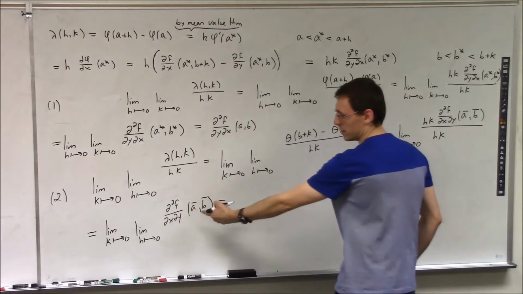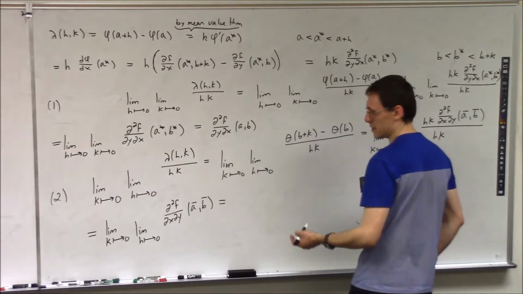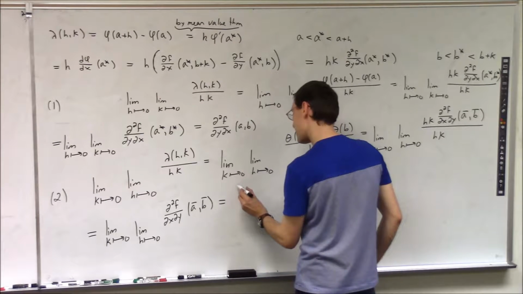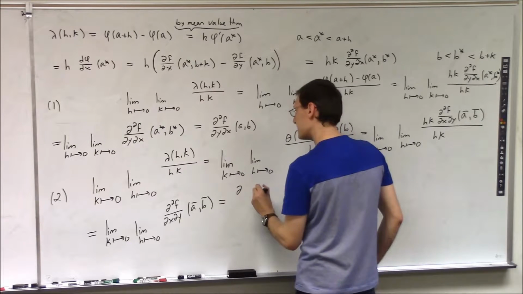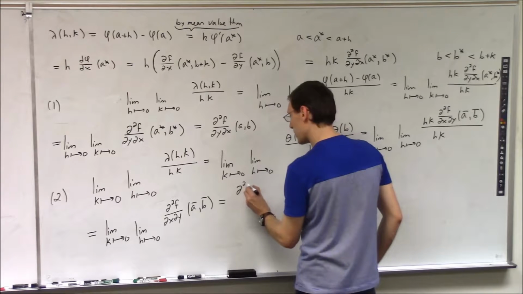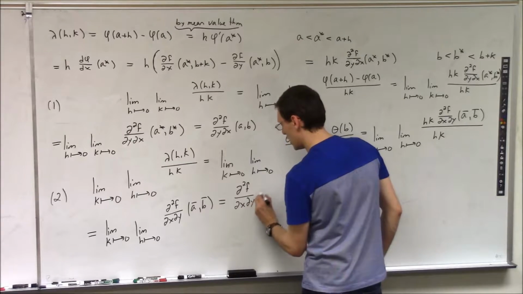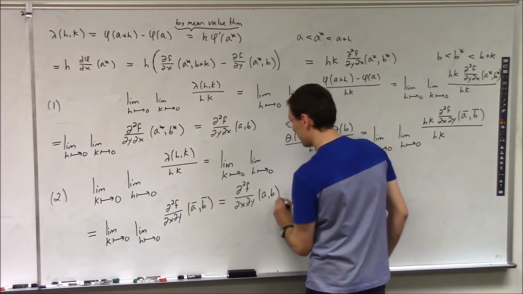And by continuity, that we're saying that this derivative is continuous, this is going to be d squared f dx dy at ab.